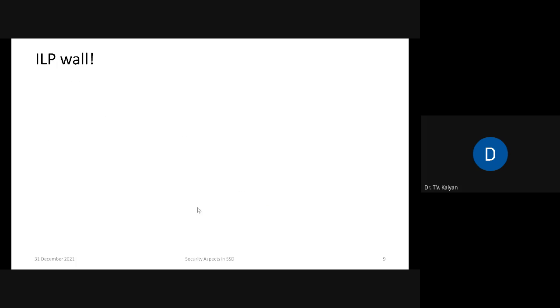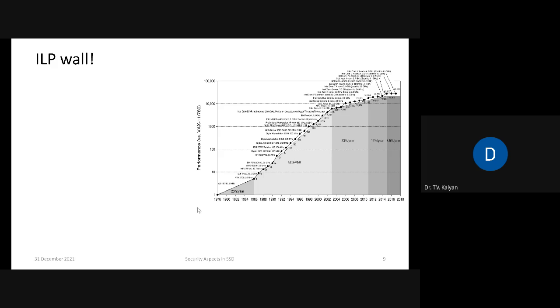Moving on to the ILP wall, as you are aware, we can execute multiple instructions in parallel, and because we had multiple functional units and could overlap, that was resulting in higher and higher performance. We were chasing it until the 2004 time frame.